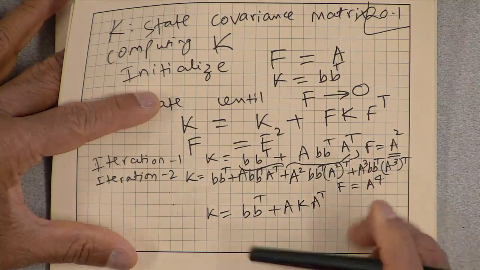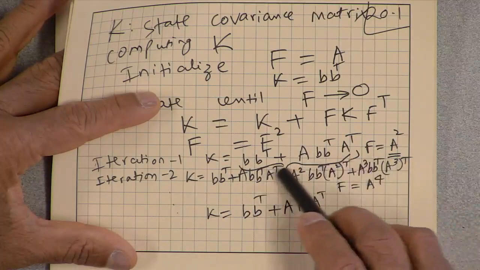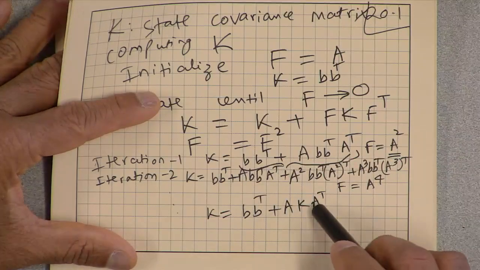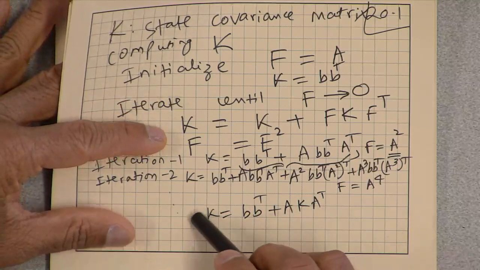So if you take A outside the left bracket and A transpose outside the right bracket, what's left inside is K, and if the filter is orthonormal, then that K becomes an identity matrix.